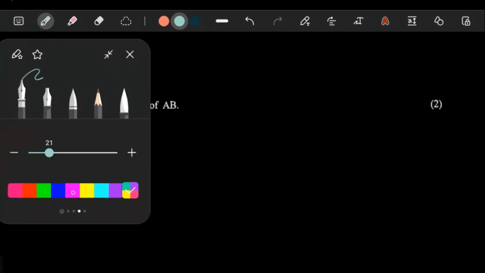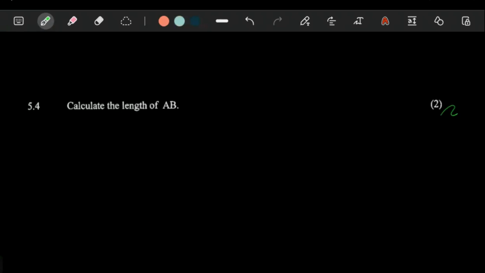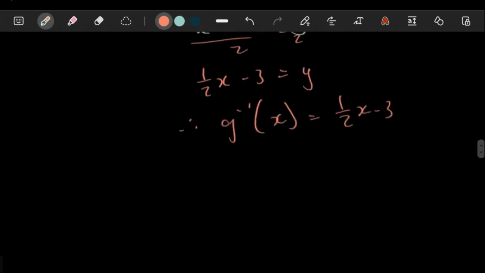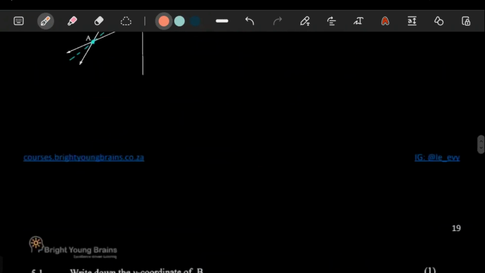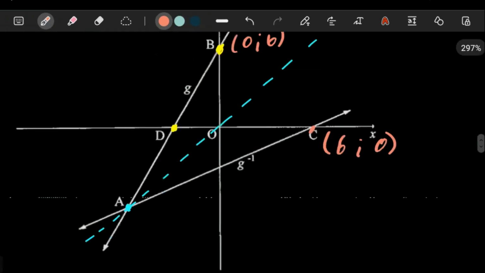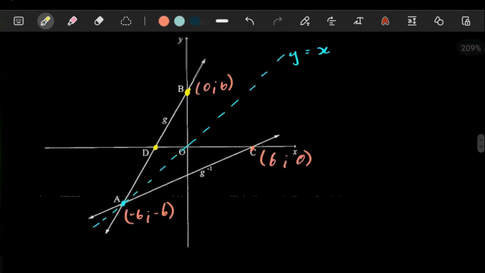So using the distance formula, AB is going to be equal to, let's see, A here is negative 6 and negative 6. B's x value is 0, y value is 6. So this is 0 minus that, so it becomes a plus. And then you have 6 minus that.